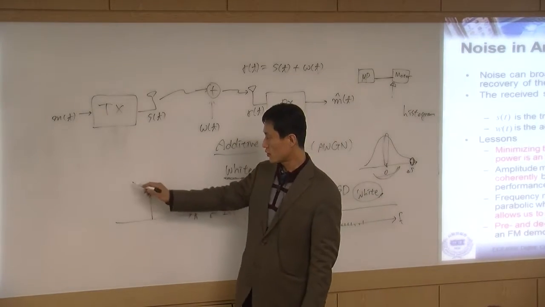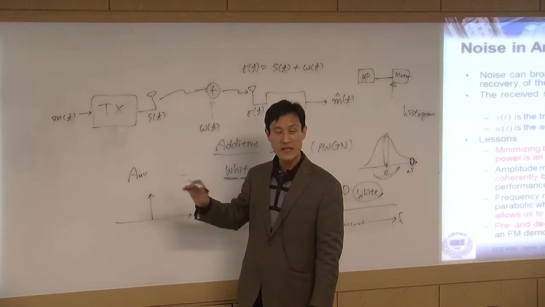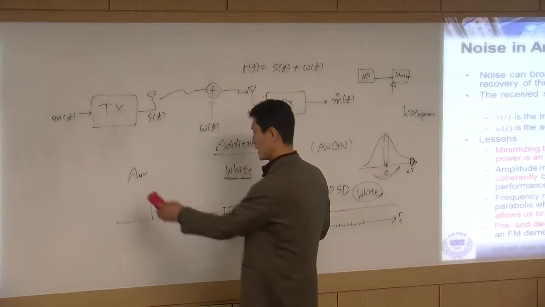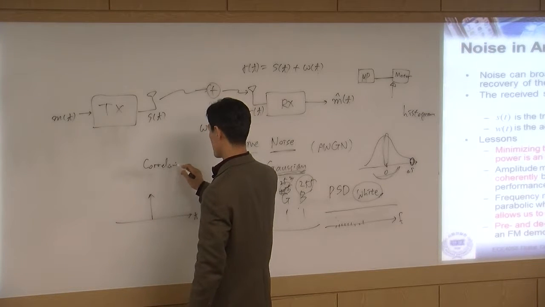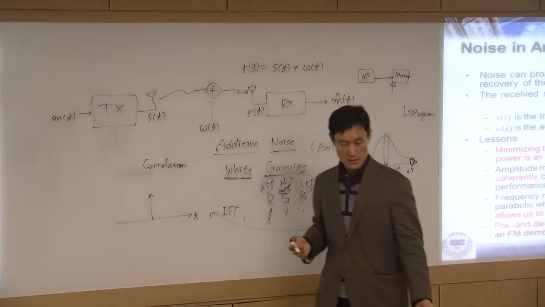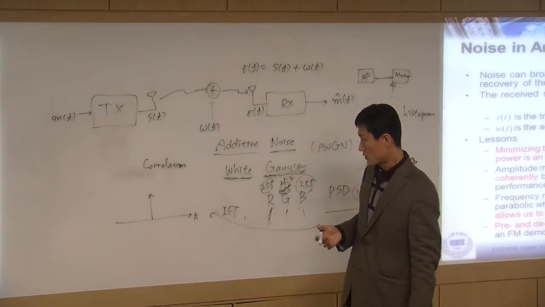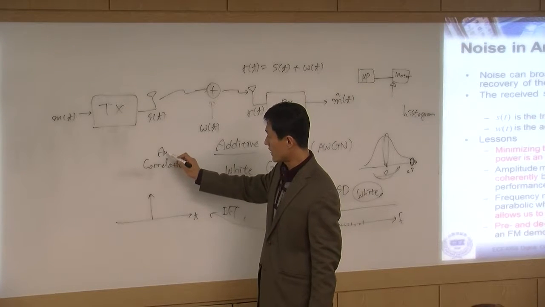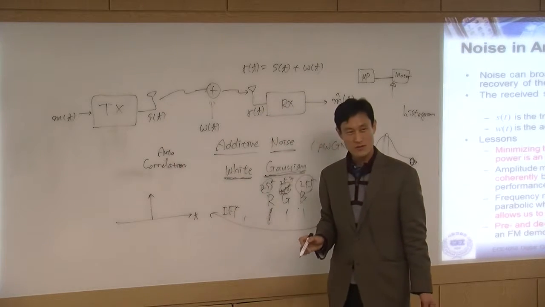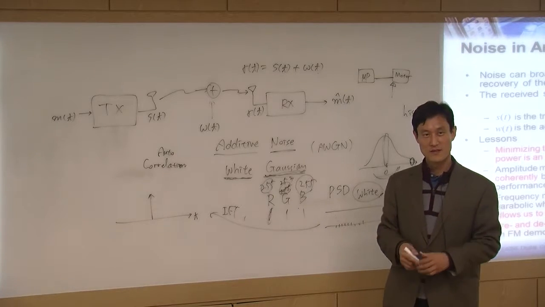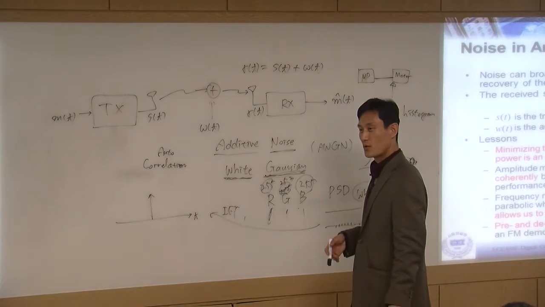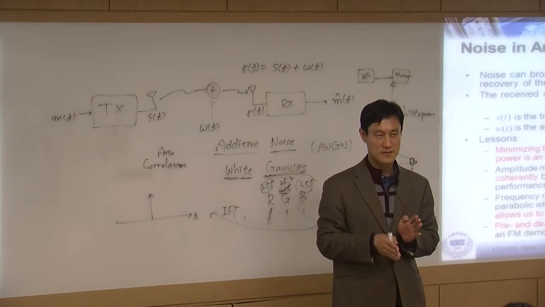This is called autocorrelation. Actually, it's autocorrelation, but it's a correlation. So when you have this kind of autocorrelation, you heard about autocorrelation, right? What does that mean? Autocorrelation is an impulse.